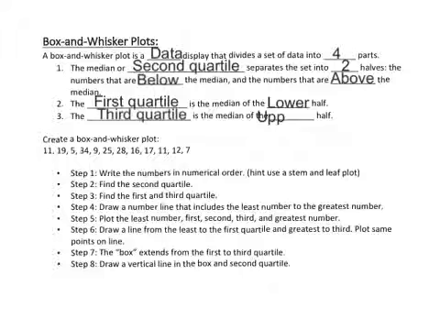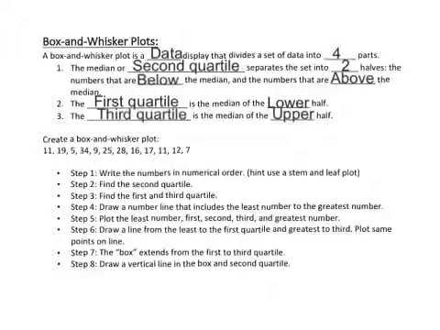I'm going to call it the upper half. Okay? So that's the quick vocab you need to know. The second quartile is pretty much just your median, which separates it into 2 halves, with numbers below and above. Your first quartile is the lower half, and the third quartile is the upper half.